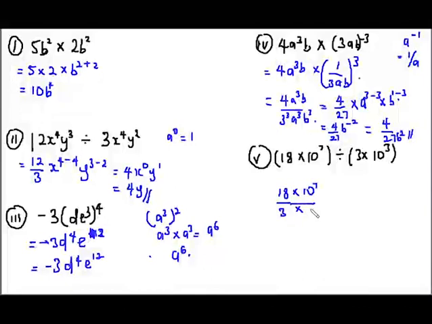So this is ultimately equal to 18 over 3 times 10 to the power of 7 minus 3, which is equal to 18 divided by 3 is 6 times 10 raised to the power 4. So that's the answer to this problem.